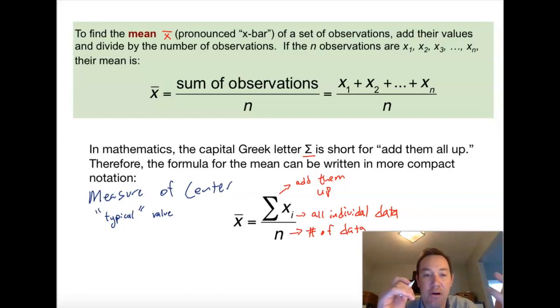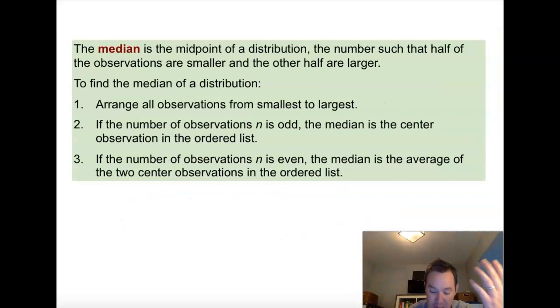Colloquially, you probably have heard the mean called the average, which is fine, except that can sometimes cause confusion because media will also use average sometimes to talk about the median. So the median is the true midpoint of a distribution. It's the number such that half of the observations are smaller and the other half are larger.